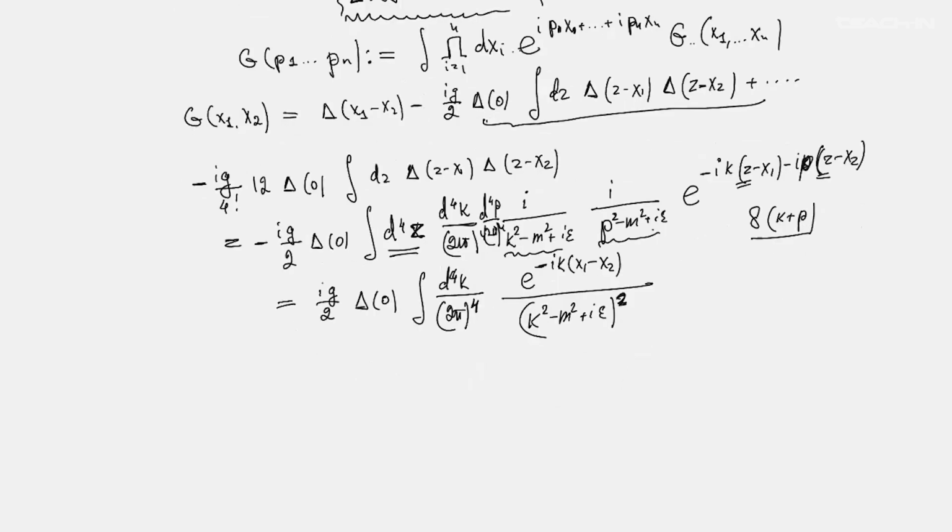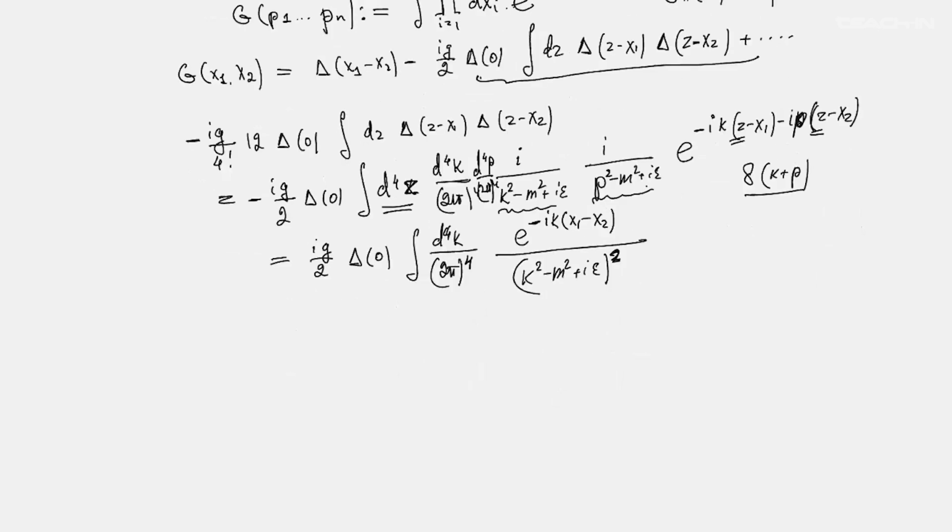Which means now that the Green's function G of x1 and x2 is given by, first, the Feynman propagator, which I also write in its Fourier transform representation. So this is i exponential of minus ik(x1 minus x2) divided by k squared minus m squared plus iε.